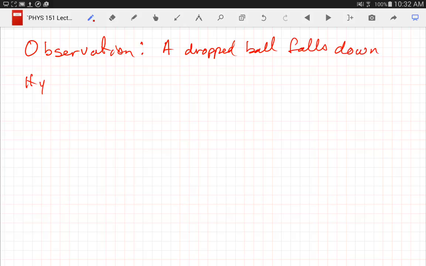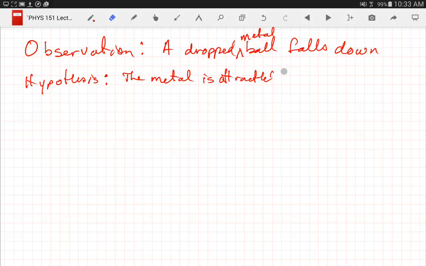And then we have the hypothesis. And I'm going to go with a really crazy hypothesis. Right? One that I know is wrong. I'm going to say the metal is attracted, that's supposed to be the word attracted.